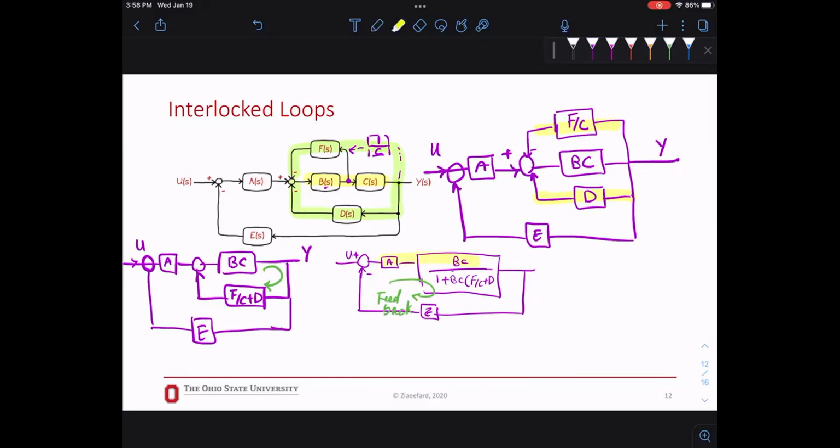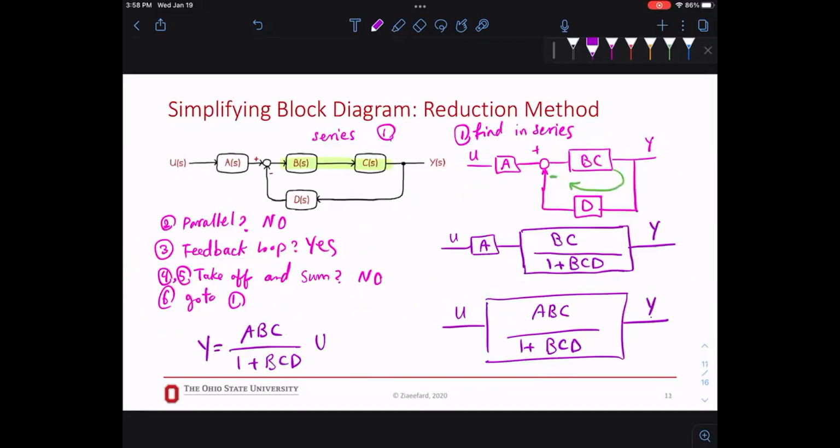And these two are in series. So I can write this as BCA, 1 plus BC times F over C plus D. You can also simplify here. So this is BF plus BCD. You can do that to help yourself make this simpler.